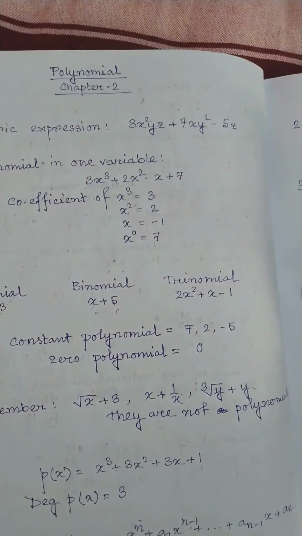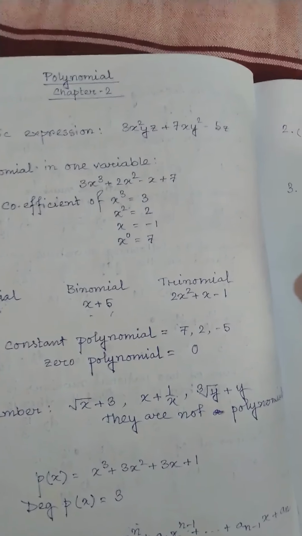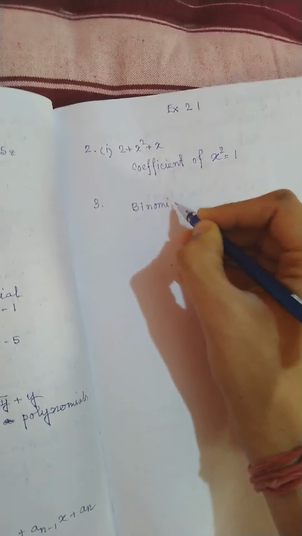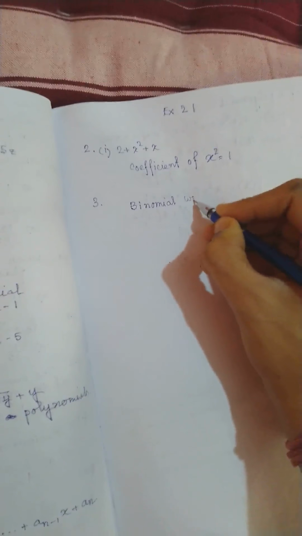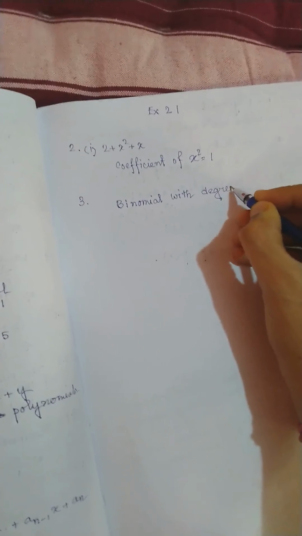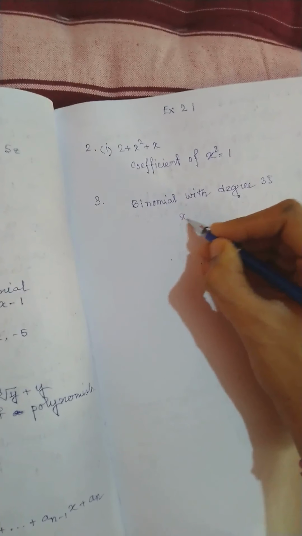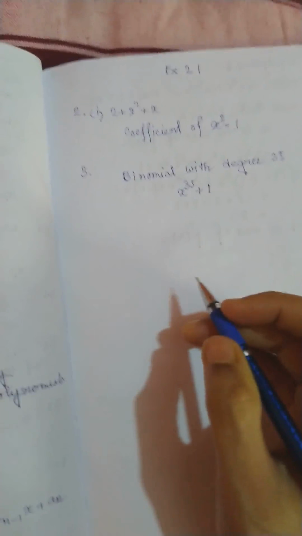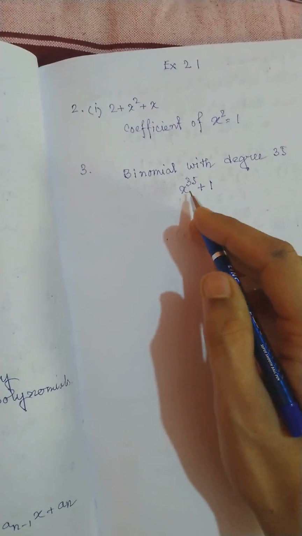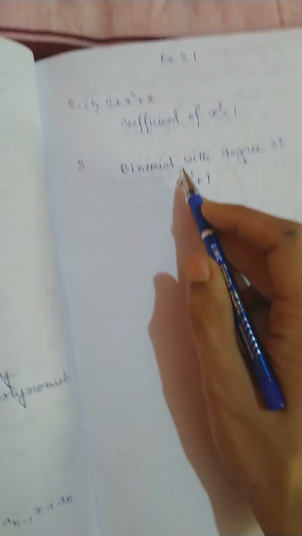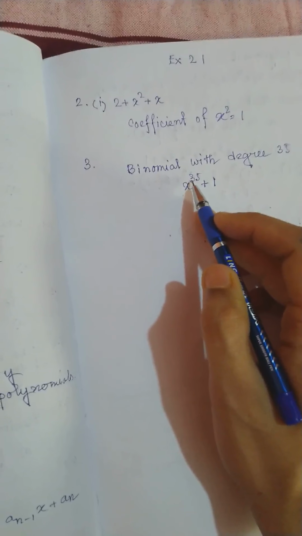So we can clearly write the first example, binomial with degree 35. It is x to the power 35 plus 1. Very easy example. Okay, how many terms are there? Two terms, so it is a binomial. What is the highest power of x? It is 35, so it is a binomial.